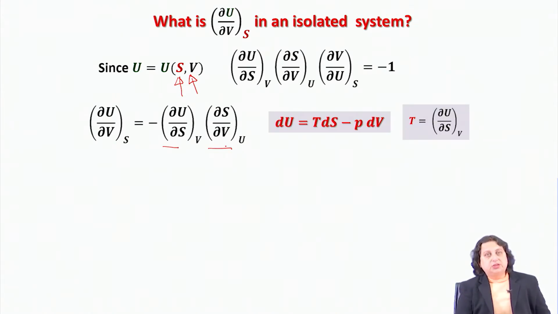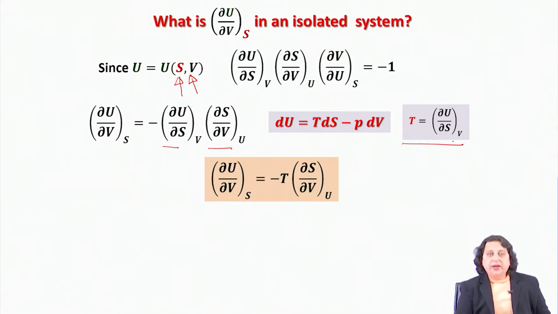But the combination of the first law and the second law of thermodynamics for a reversible process tells me that I can identify T as del U del S at constant V. So if I put it back, this first order partial derivative is related to minus T into del S del V at constant U.